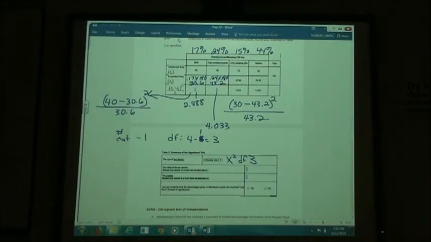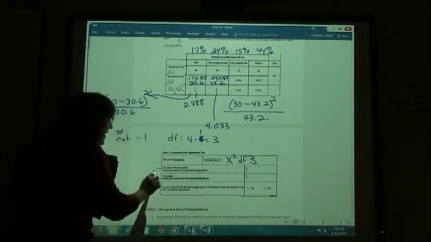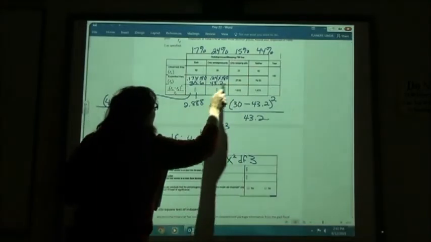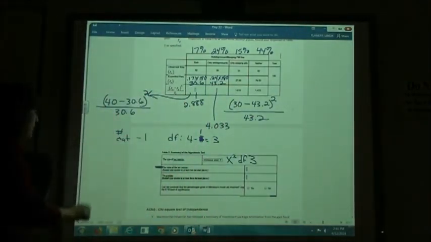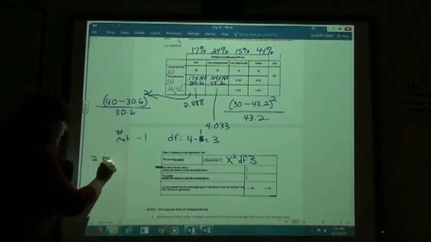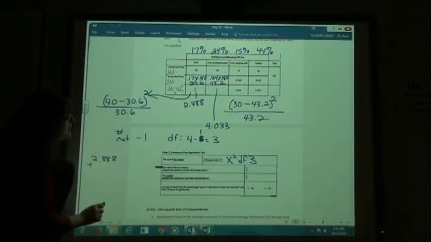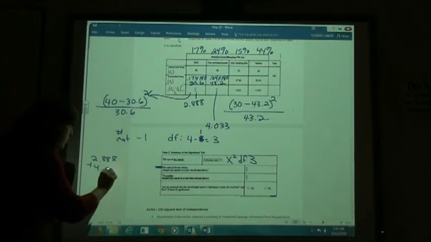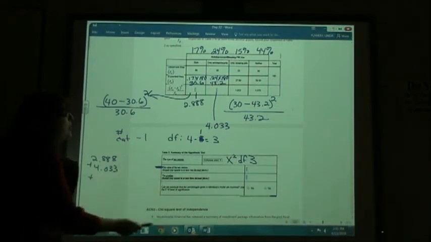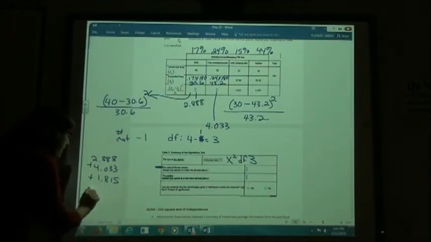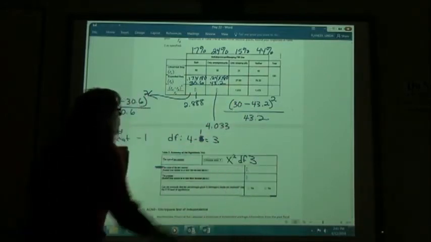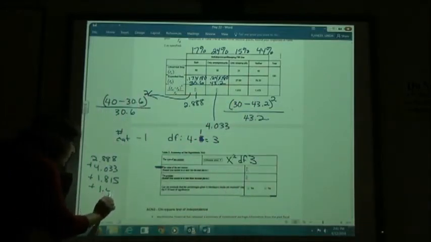Value of our test statistic. When we find the value of our test statistic, we're just going to add this whole row together. We had 4 different values: 2.888 plus 4.033 plus 1.815 plus the last one, 1.473.